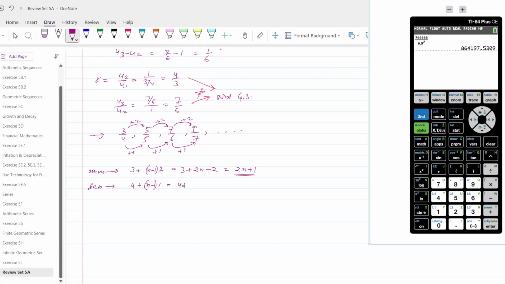So this is 4 plus n minus 1 becomes n plus 3. And now we can combine these numerator and denominator together to form the nth term for the complete problem. So this is going to be 2n plus 1 divided by n plus 3. That's the answer.